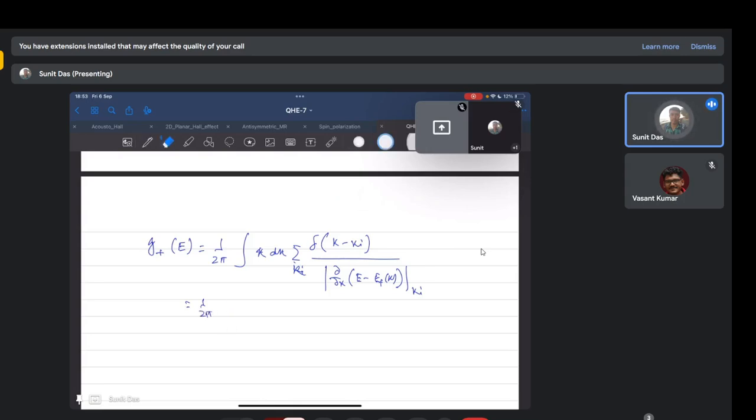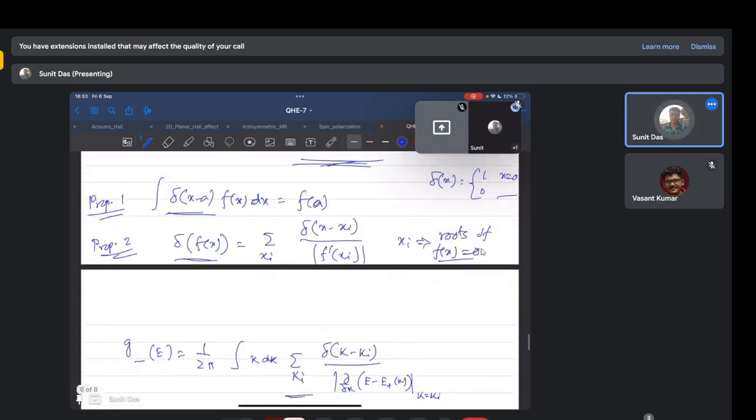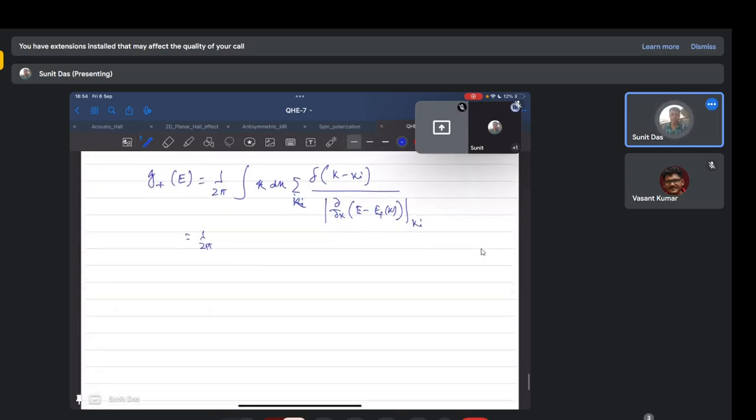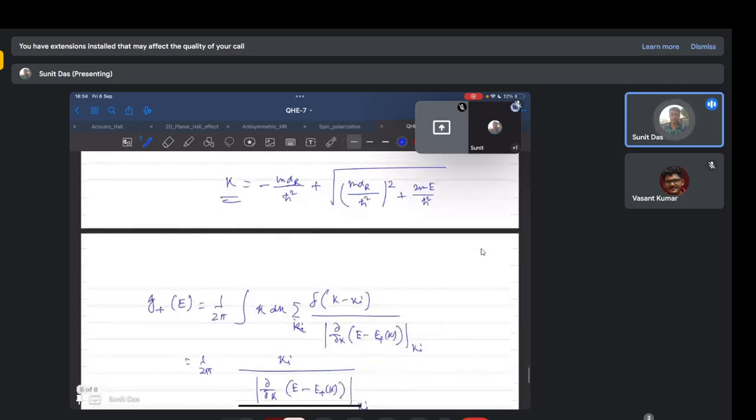Integration is not needed because we are evaluating the delta function, right? Again I use this property: integration of some delta function and then some function only picks up where the delta function has non-zero value. So it will simply be ki, and then del k of E minus E plus of k at ki, and this ki is given by this expression.